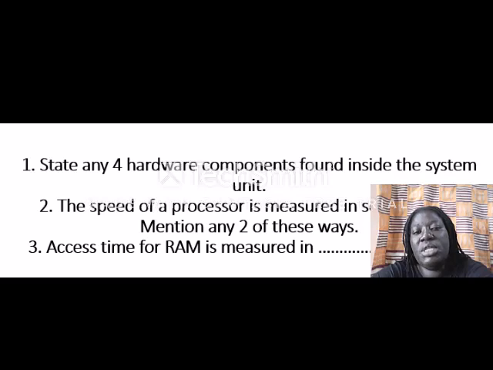The first question states: state any four hardware components found inside the computer system. We just did that. And the speed of a processor is measured in several ways. Mention just two of them. And access time for RAM is measured in what? We just did that. So I'll give you a few seconds to practice this as we prepare to move on to our next section.